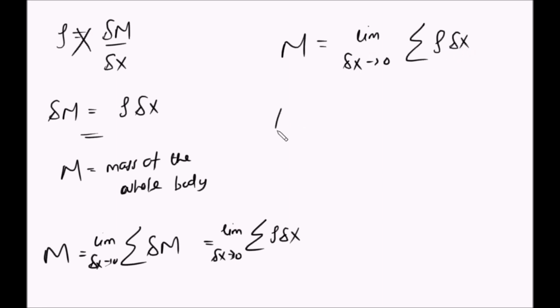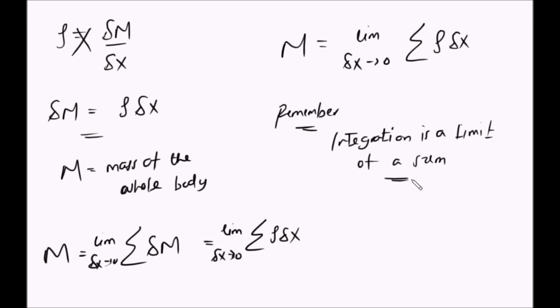Now remember, we said in the tutorial on integral as a sum that integration is a limit of a sum. So this limit of a sum that we wrote above is the integral of rho times dx.